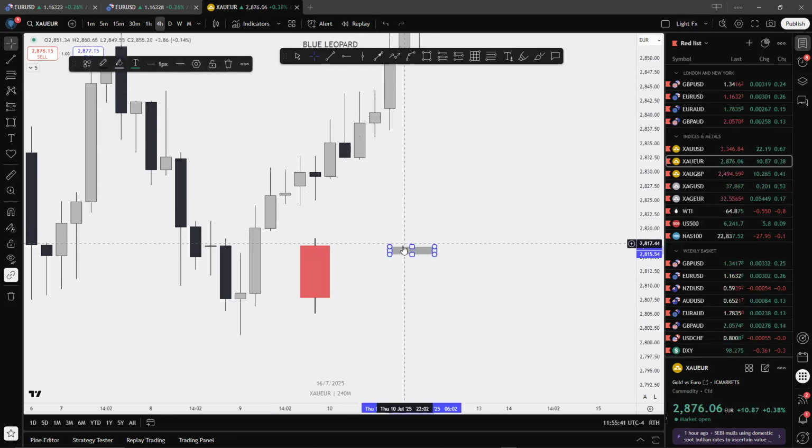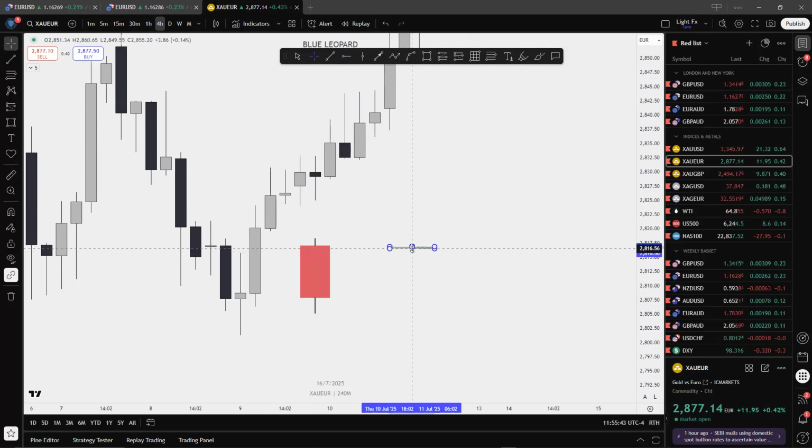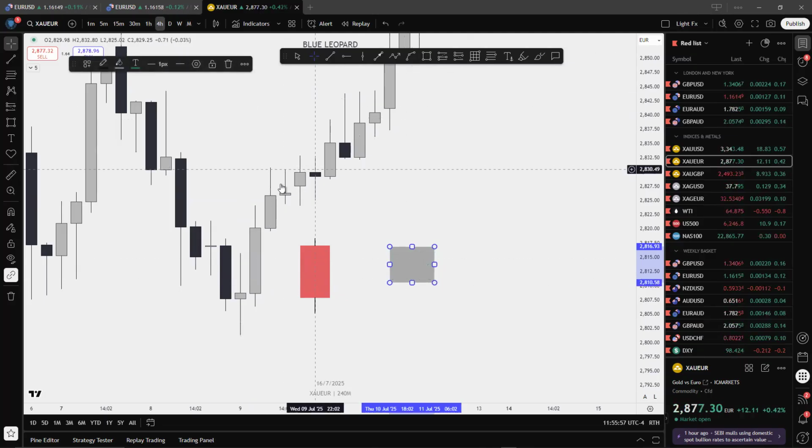Forget my candles here. Just focus on this one. Candle opens here. Okay? Came down. It's neutral. The H4 did not close yet, or the day did not close yet, or the H1 did not close yet. Depends on the time frame you are looking at. If you're looking at the daily, then you have to wait for the entire day to close so you can have one daily candle.